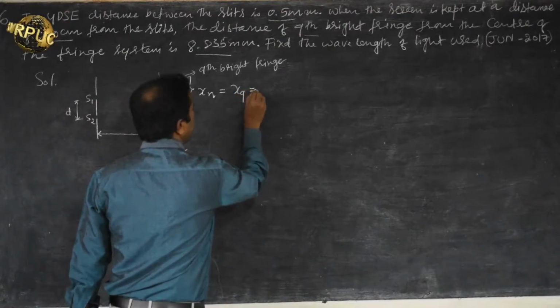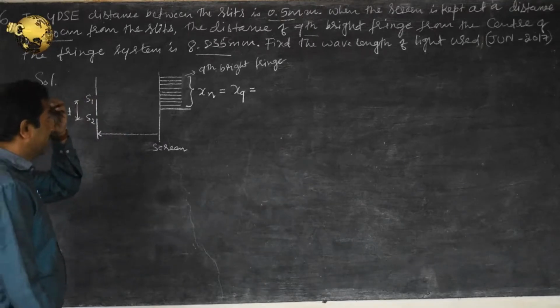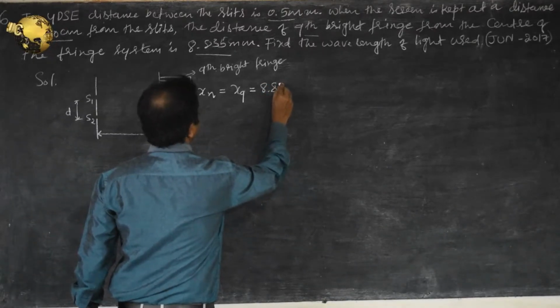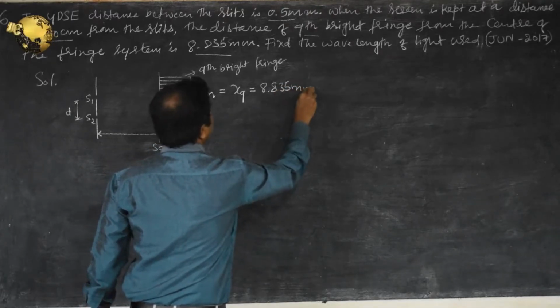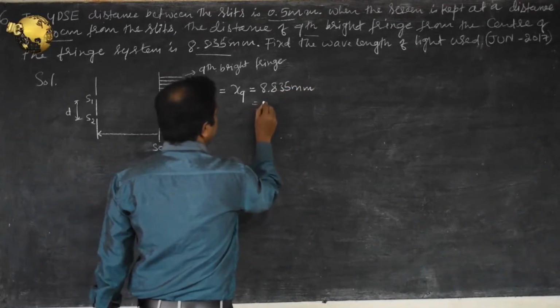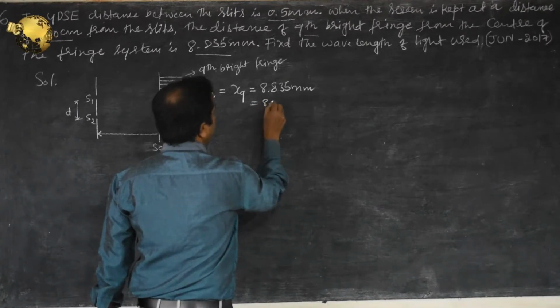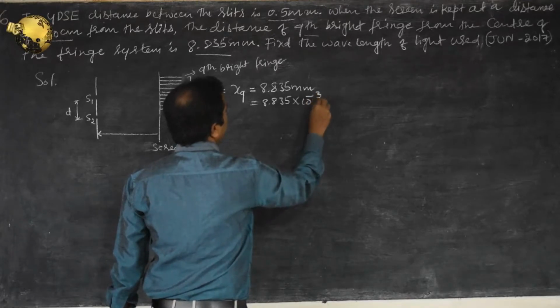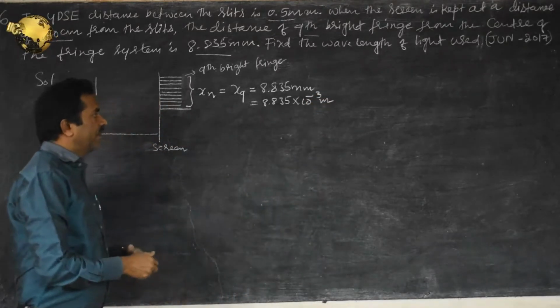This value is given: x9 is 8.835 millimeter, so this is equal to 8.835 into 10 to the power minus 3 meter. So this is the value of xn.